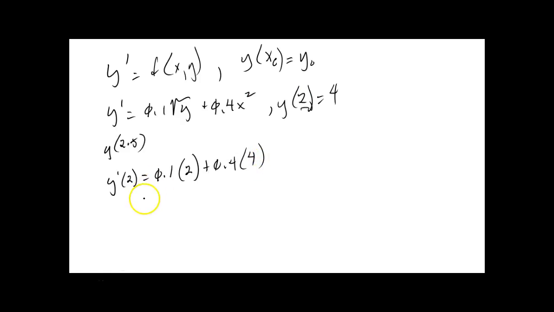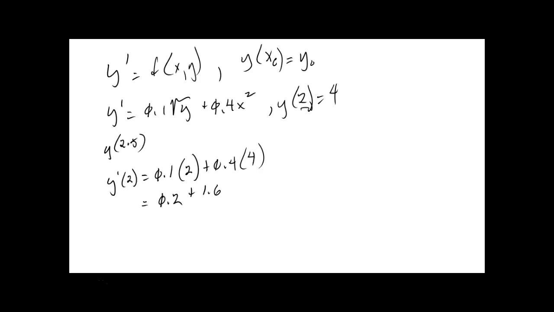So your y prime at 2 is 0.2 plus 1.6, right? See what we're doing? Just plugging in the 2, 4 for the x, y's. You see it? Okay. We're told when x is 2, y is 4.